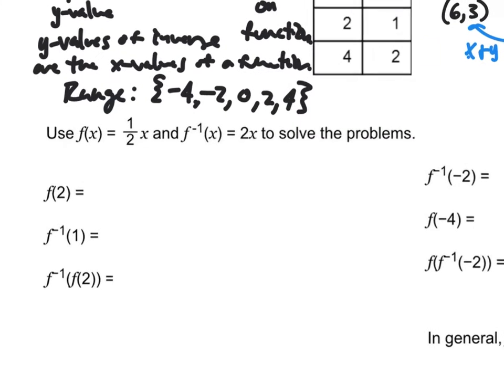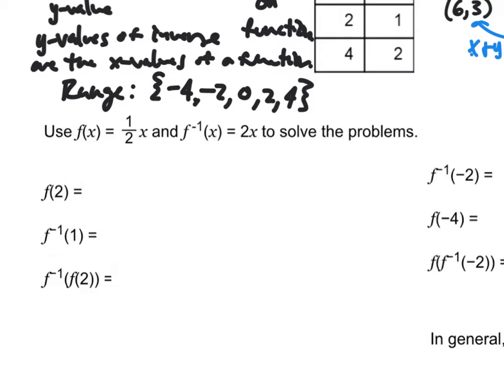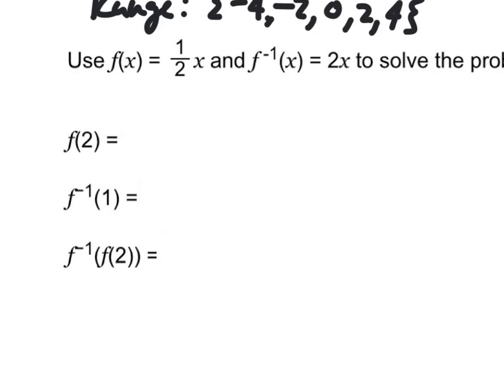So if I have a function f of x is equal to 1/2 x, and f inverse of x is equal to 2x, to solve the problems, what I want to do is find f of 2. Let me just plug that value into my function. That's going to give me 1/2 times 2, and half of 2 is just going to give me a value of 1.